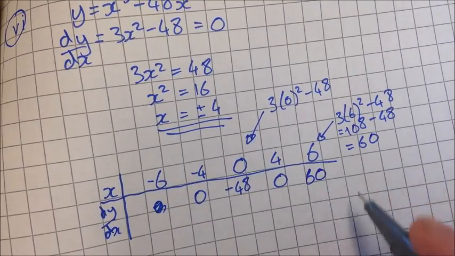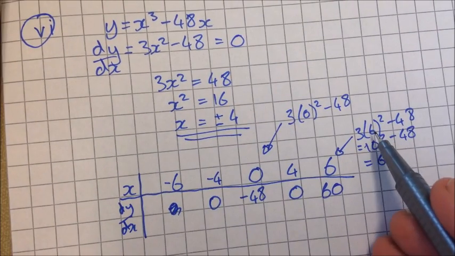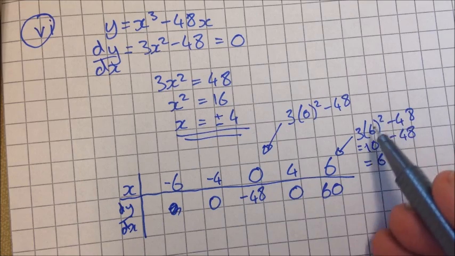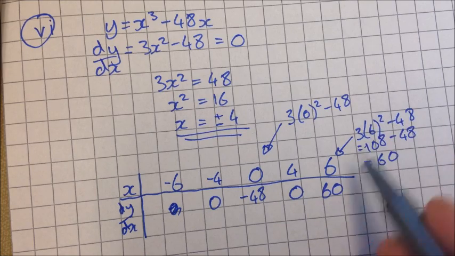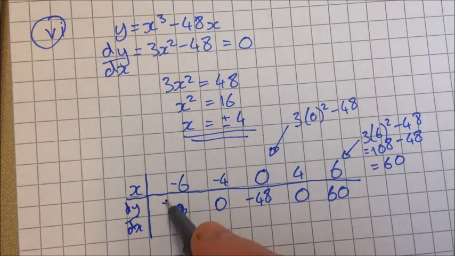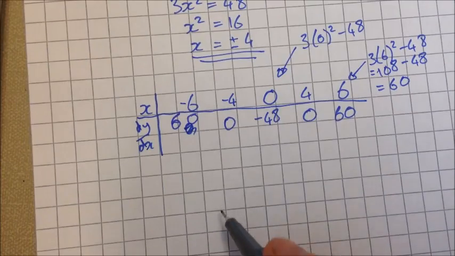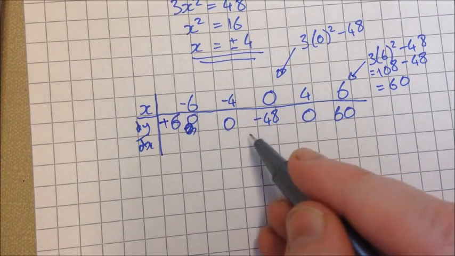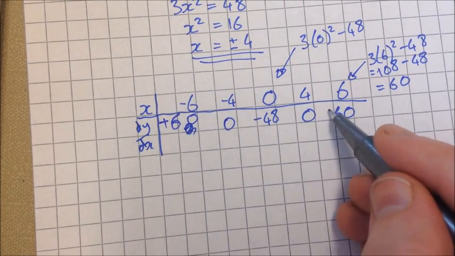Now, if I plug in negative 6 into this, because of the squared, it's still going to come up with positive 36. I know this is going to be positive as well. So your answers are positive, 0, negative, 0, positive.